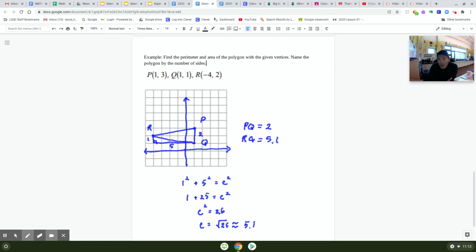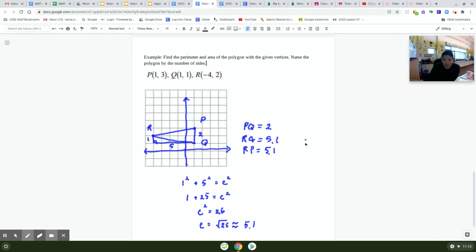Either make a right triangle or use the distance formula between points R and P. If you're a little bit observant, you would notice that it would be the same length as RQ. So you could save yourself a little bit of time. Notice that RP is the same length as RQ, about 5.1.